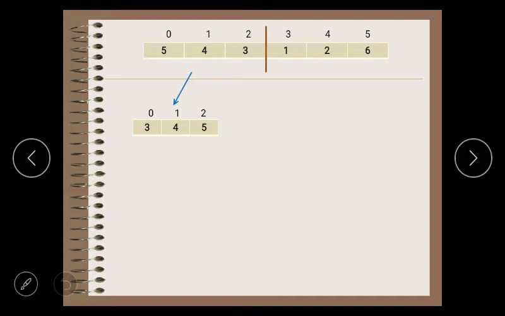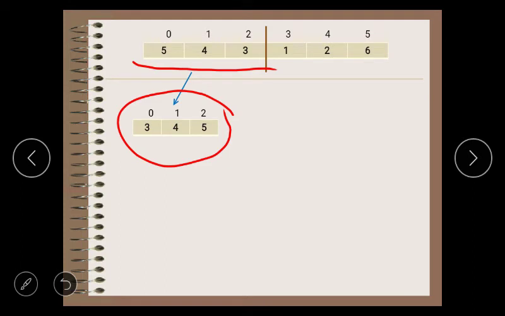Now the left sub array is sorted. Initially we had 5, 4, 3. After doing this process, we get the left sub array sorted.